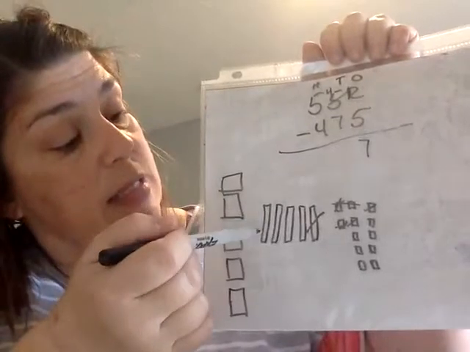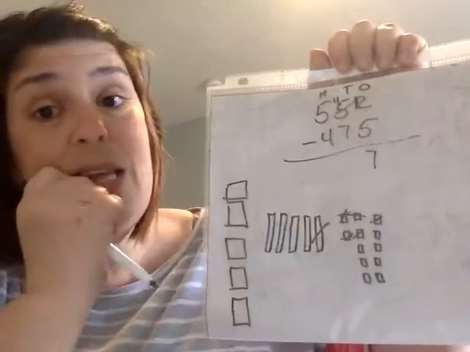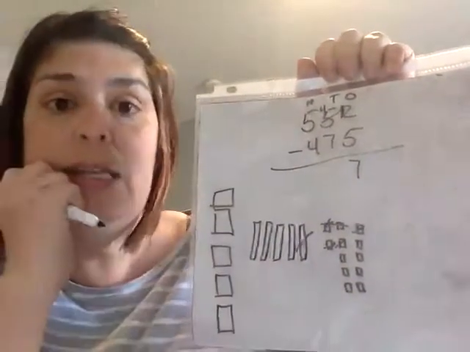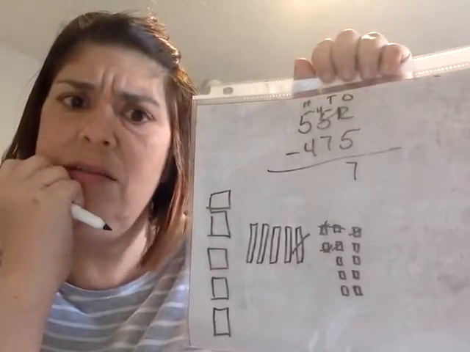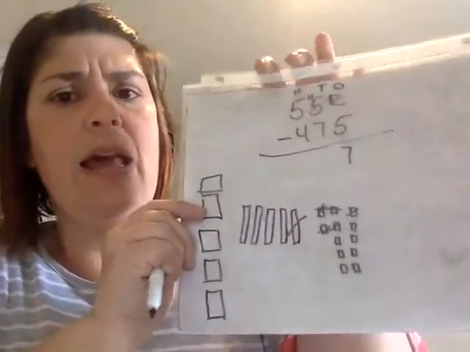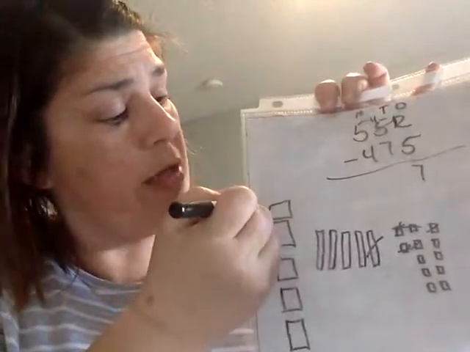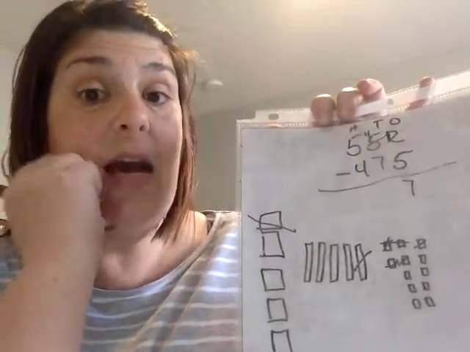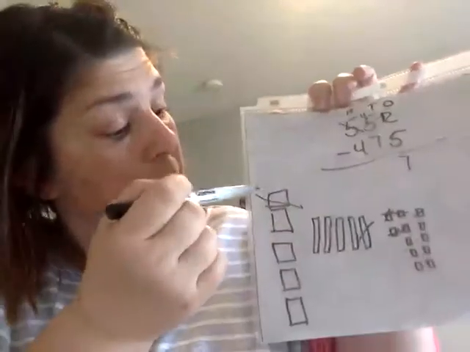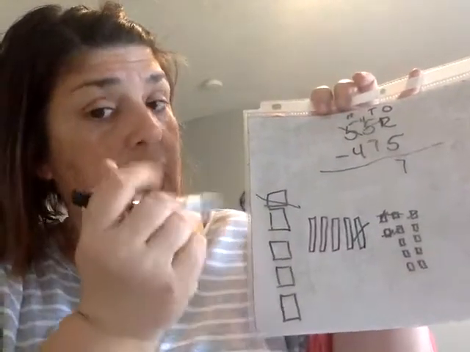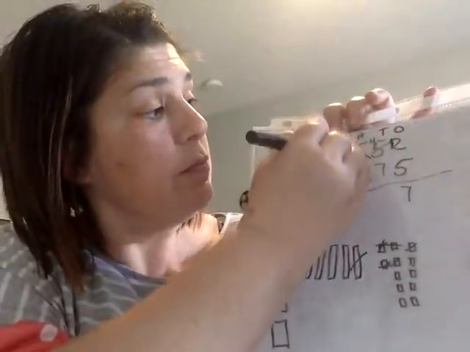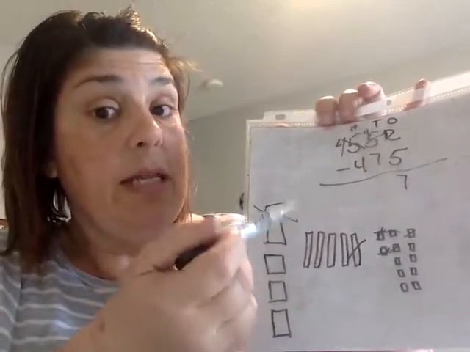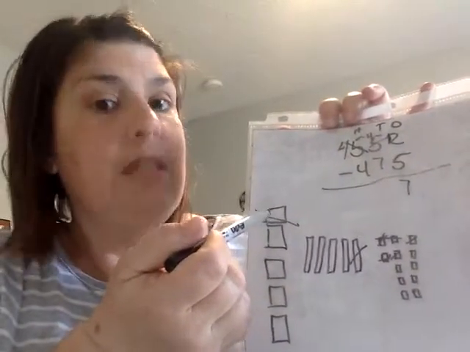Now I look at my tens. I only have 4 tens here. It wants me to take 7. Can I do that? No, I can't. I need to regroup. So I go to the hundreds place and I take 100 away. When I do that, I am left with 4 hundreds. How many tens make 100? 10 tens.